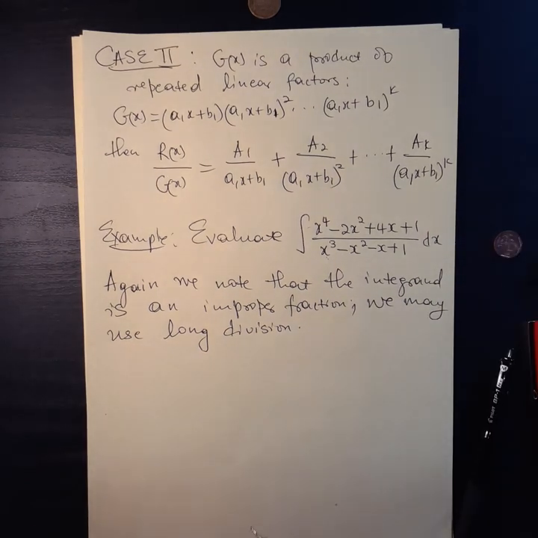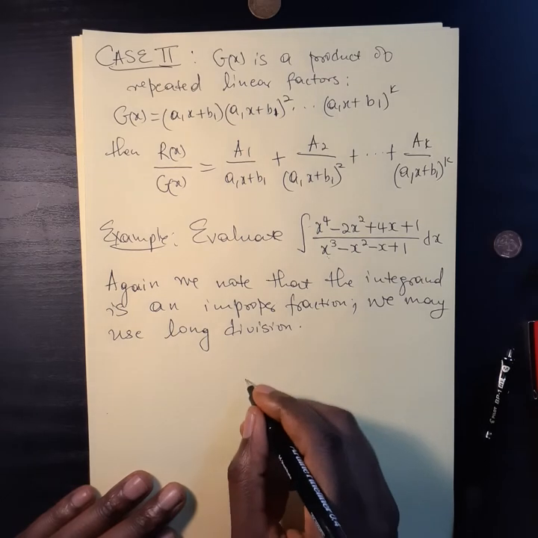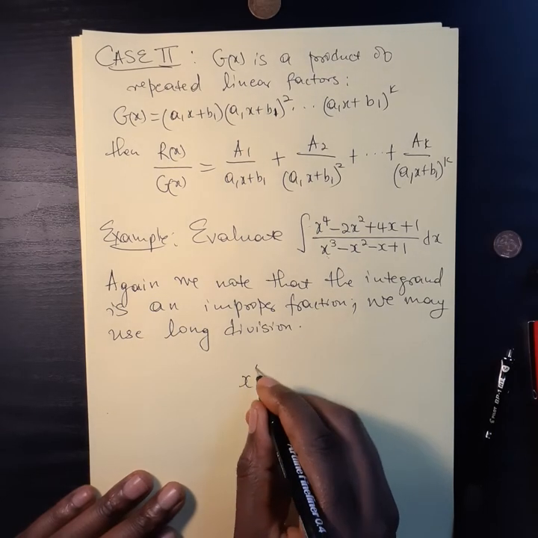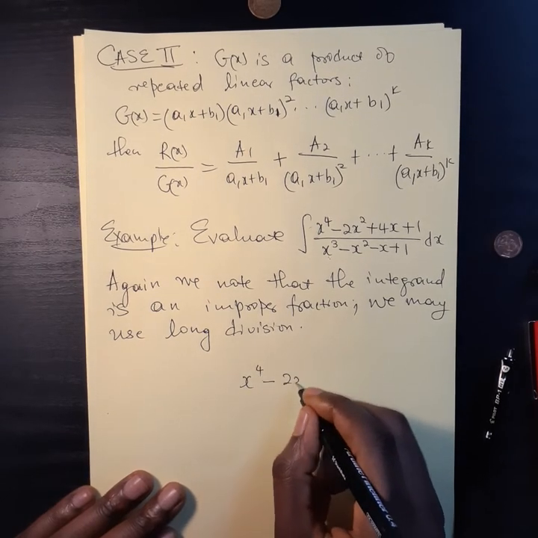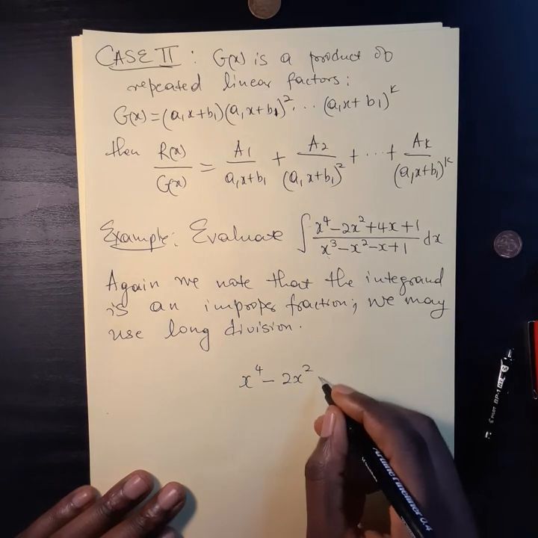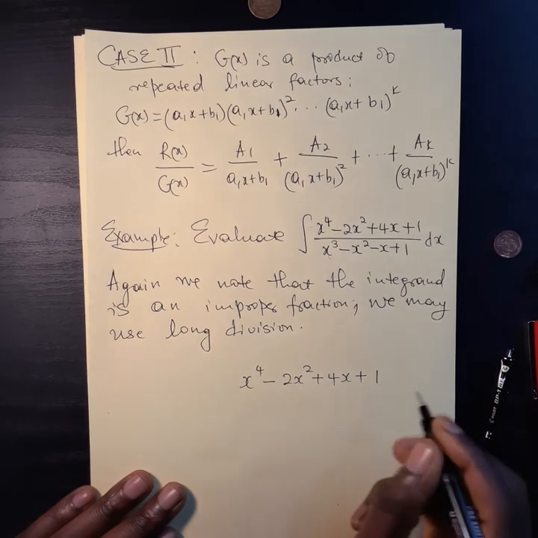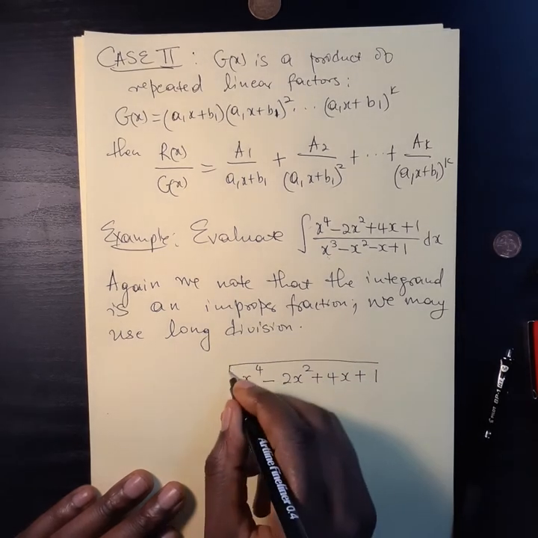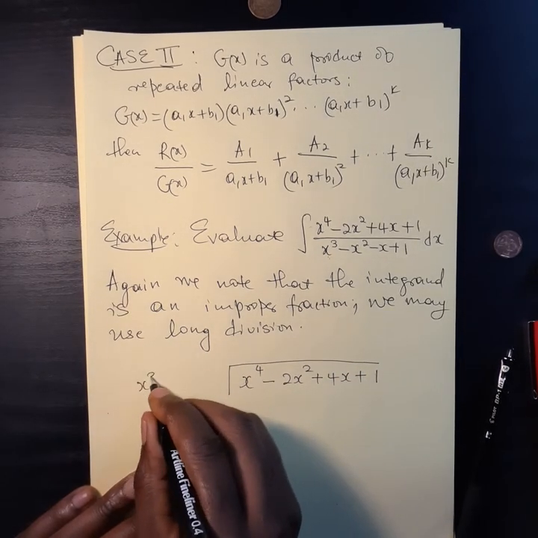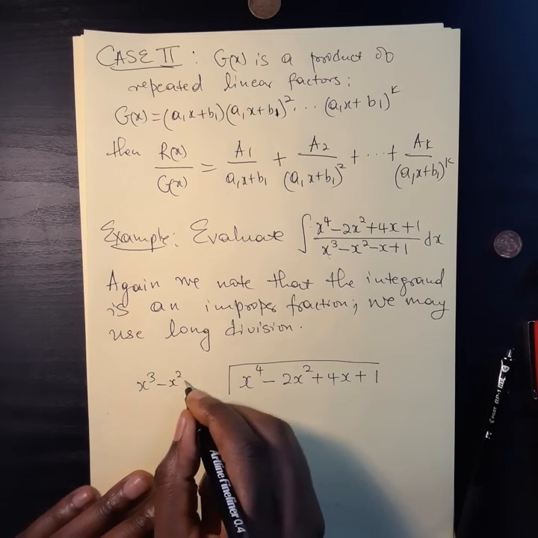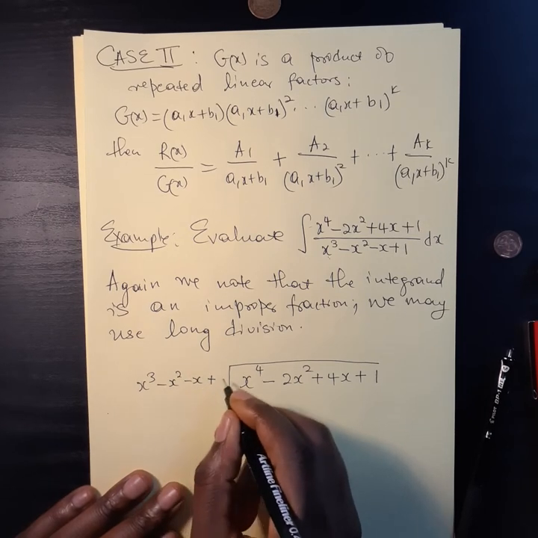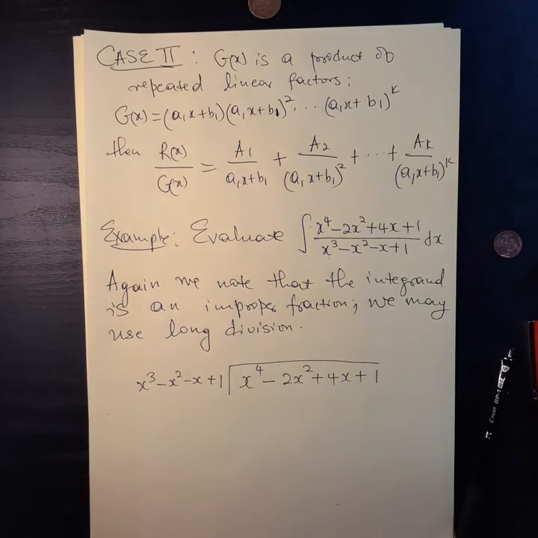So when we are using our long division, what do we have? We have x to the power of 4 minus 2x squared plus 4x plus 1. This is being divided by x cubed minus x squared minus x plus 1, like that.